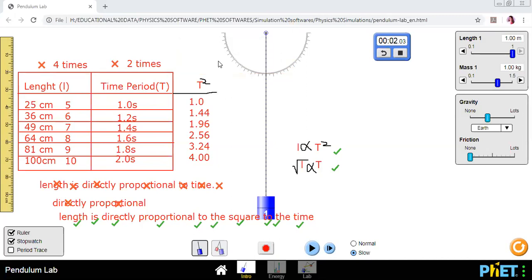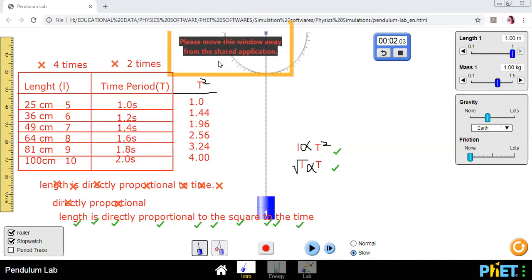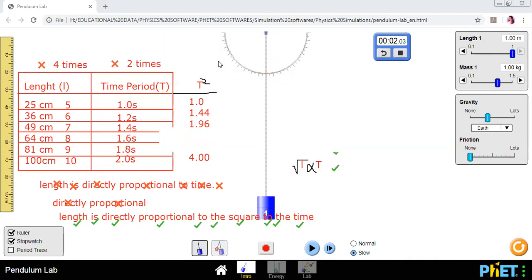But here they are not increasing in equal proportion. So the length is directly proportional to t square, or the square root of length is directly proportional to t. Clear, beta? Is this idea about the simple pendulum very clear?